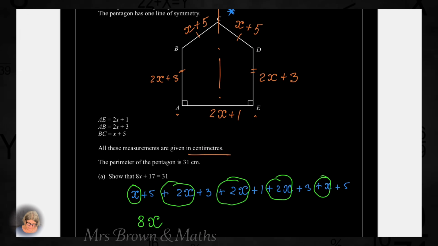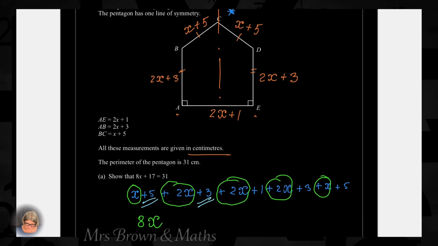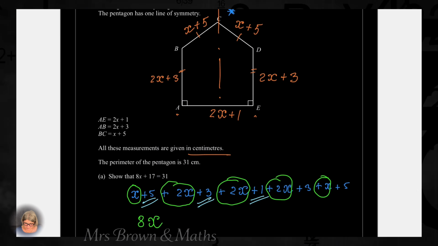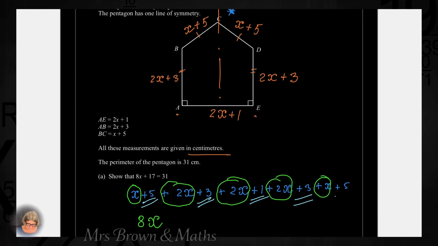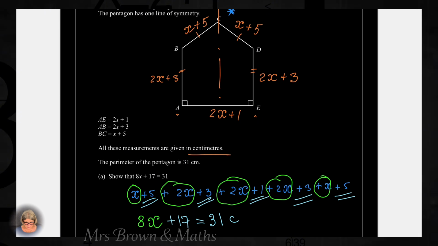Plus 5 plus 3 plus 1 plus 3 plus 5, 17. And we were told the perimeter is 31 centimeter.